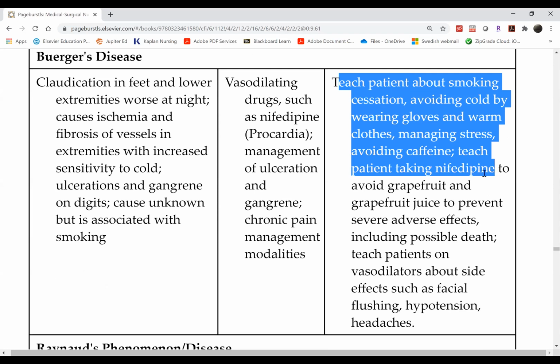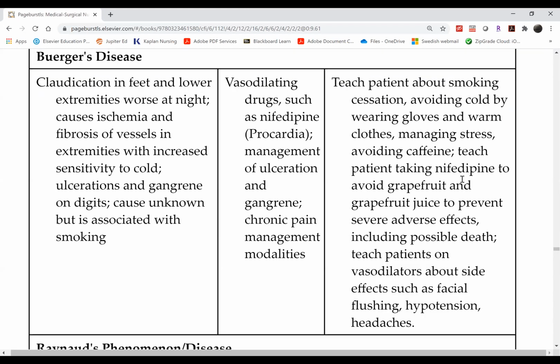So not only during winter, but also when they go into cold rooms, for instance, like the mall, or if they work in the kitchen, they enter the freezer frequently. Some teachings here are regarding the treatment. So there is interaction with calcium channel blockers and grapefruit, if you remember this under hypertension.